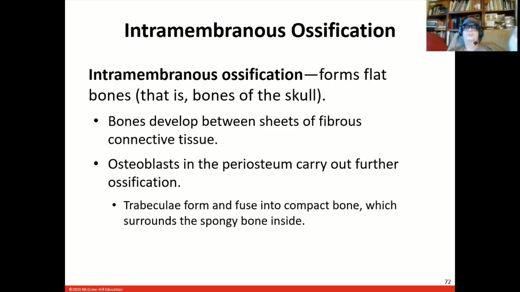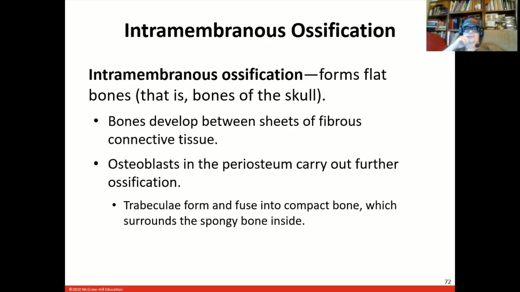So osteoblasts that are part of the periosteum will carry out ossification. They will help to build the bone. The trabeculae will fuse into compact bone, which surrounds spongy bone inside. What they're saying is if you look at a bone in the skull, it is compact bone, spongy bone, compact bone, like a very thin little sandwich.